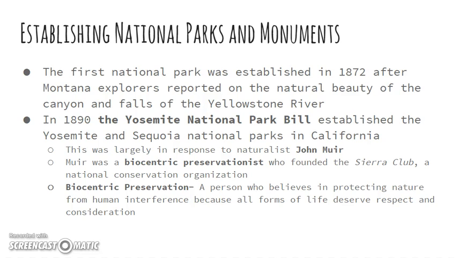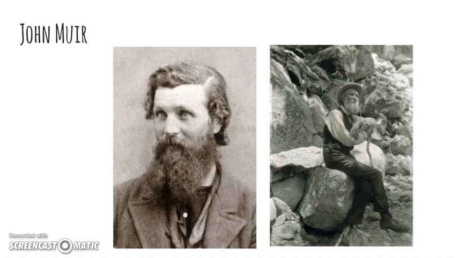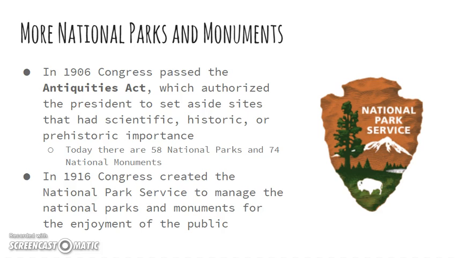And so because of that biocentric preservation, John Muir helped establish these national parks. So these are some pictures of John Muir, and he helped Theodore Roosevelt to establish these national parks.